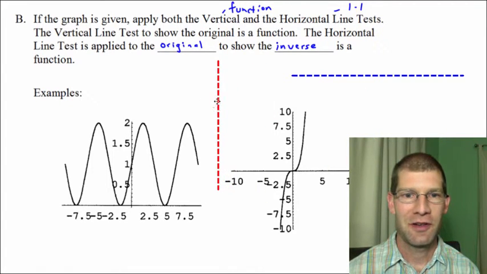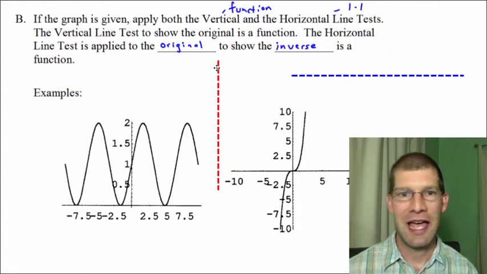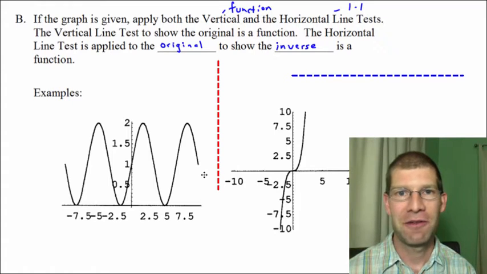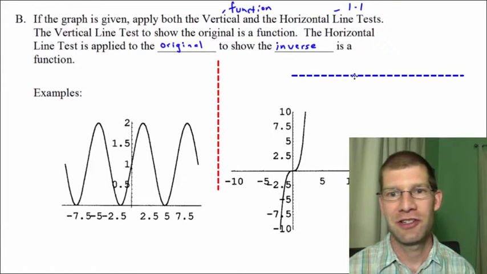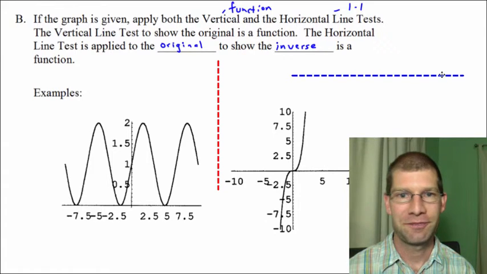If we wanted to get the inverse of the graph, we'd reflect it over the line y equals x. If I take a vertical line and reflect it over the line y equals x, it turns into a horizontal line. So doing a vertical line on the inverse is the same as doing a horizontal line on the original. Okay, that doesn't make sense, ask in class.